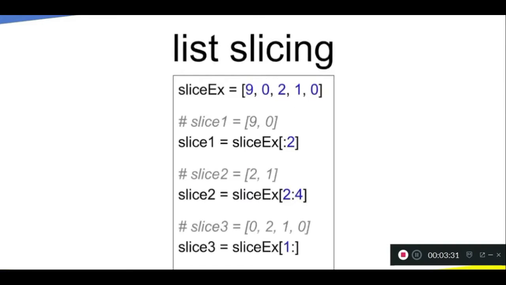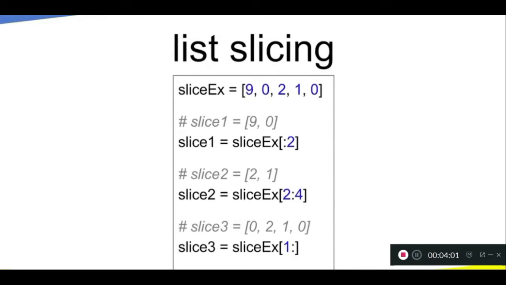And coming to list slicing. List slicing is similar to how we did it in the slicing of strings. We have it over here, like the slice example, where we have 9 0 2 1 0. As you can see, in slice 1 we first use the name of the list and then the number of elements. These are similar to strings.